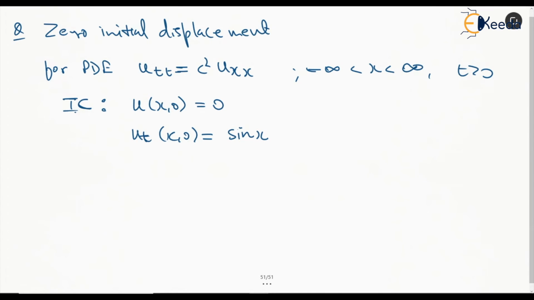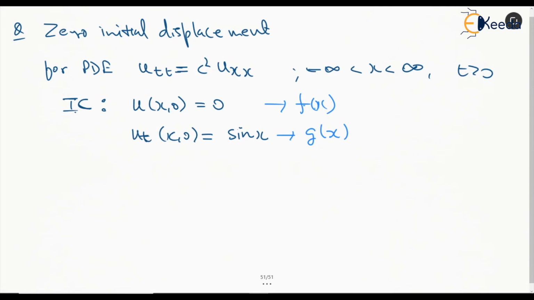In that case, this is our initial displacement f of x equal to 0 and this is g of x, that is the initial velocity, which is sin x.